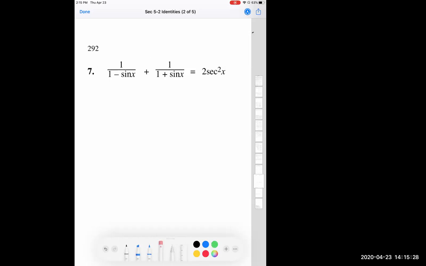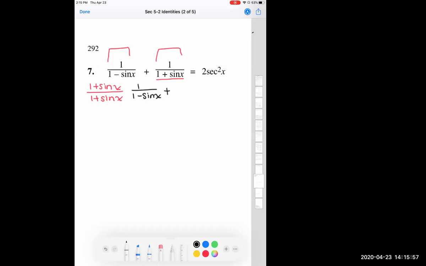So for our first term, each one of these is a term, I'm going to multiply top and bottom by the denominator of my second term, 1 plus sine of x. And that's to my first term, which is 1 over 1 minus sine of x.